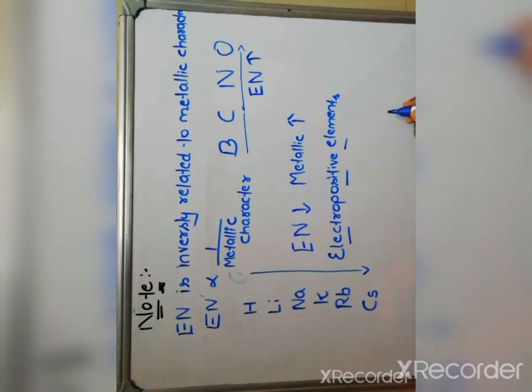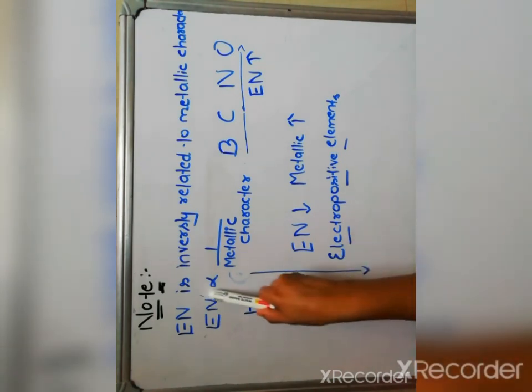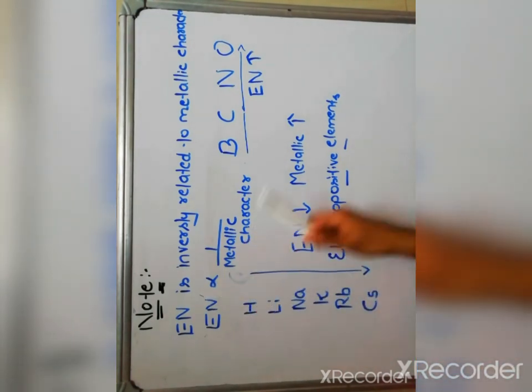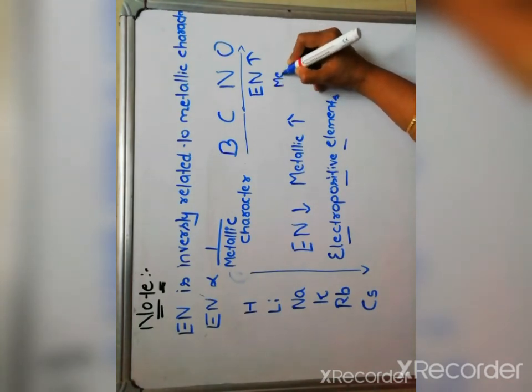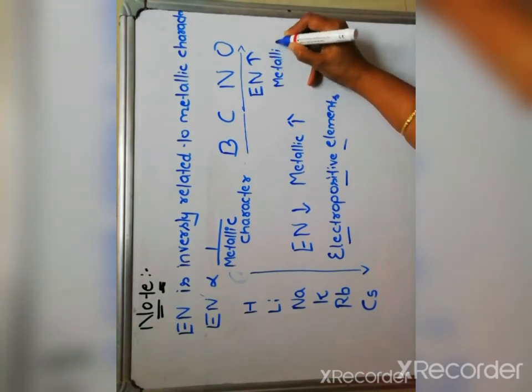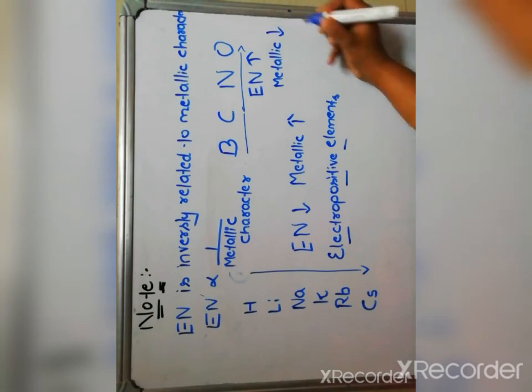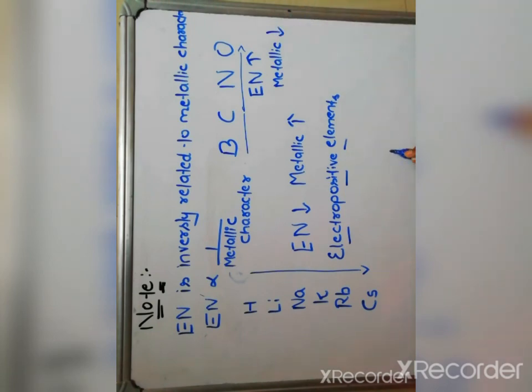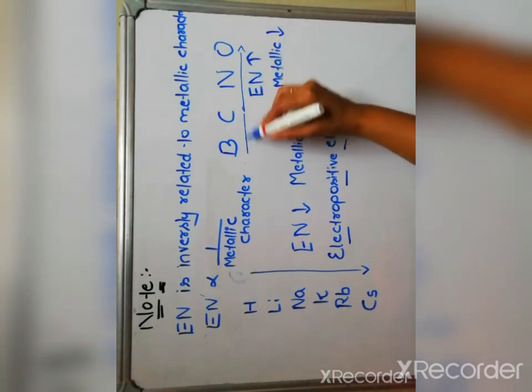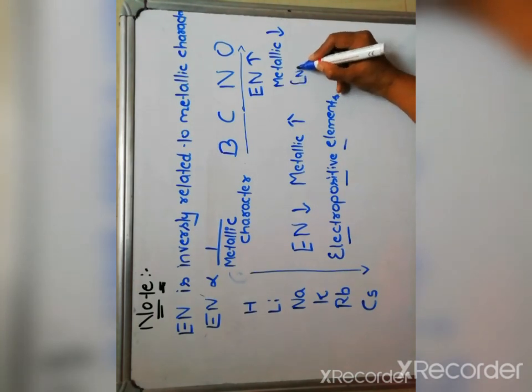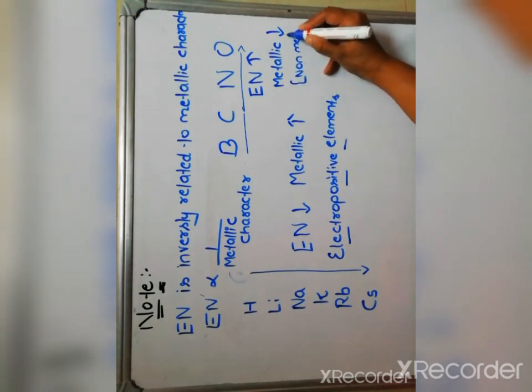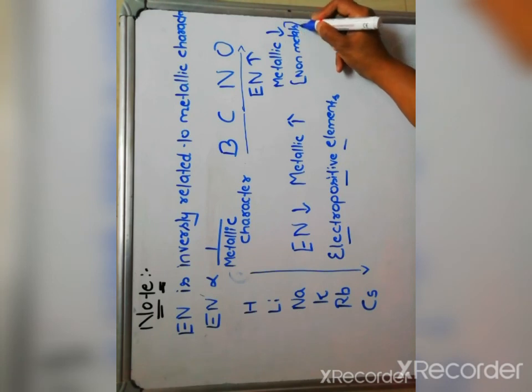If electronegativity increases, what happens to metallic character? Metallic character will decrease. Therefore these are said to be non-metals.